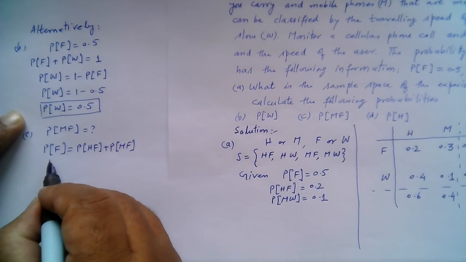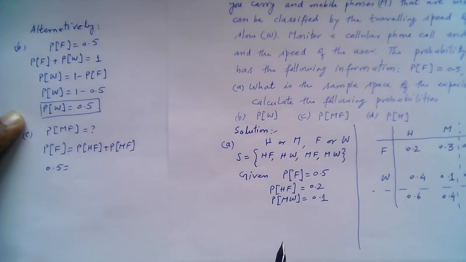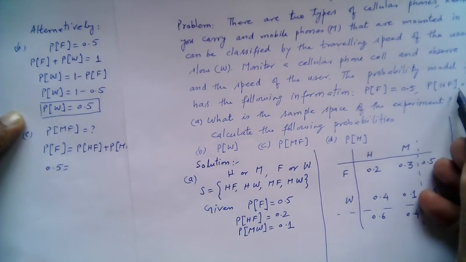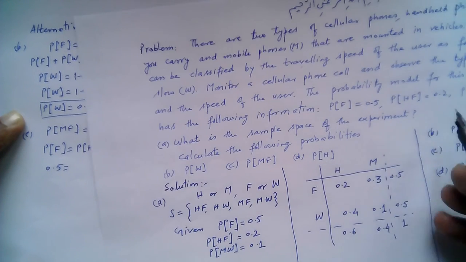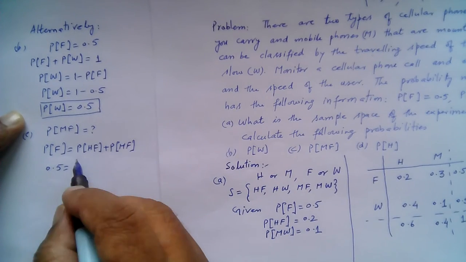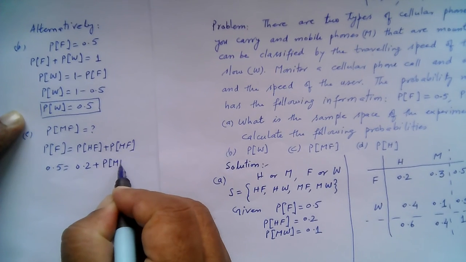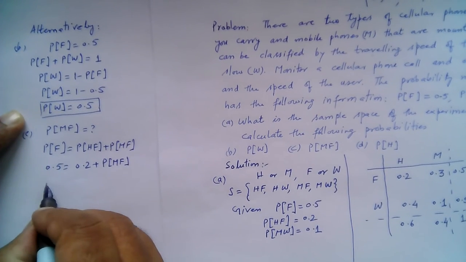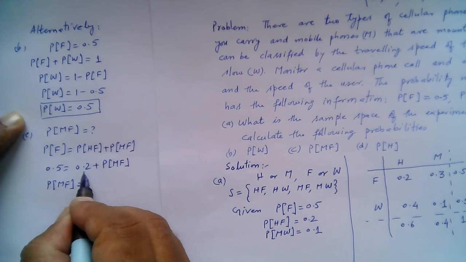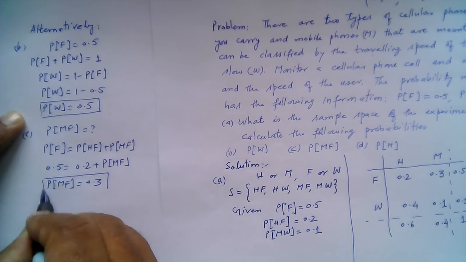So probability of F is given, this is 0.5. Probability of HF is also given here, this is 0.2 here, right? So 0.2 plus probability of MF. So probability of MF is 0.5 minus 0.2 is 0.3. Again, the same value.